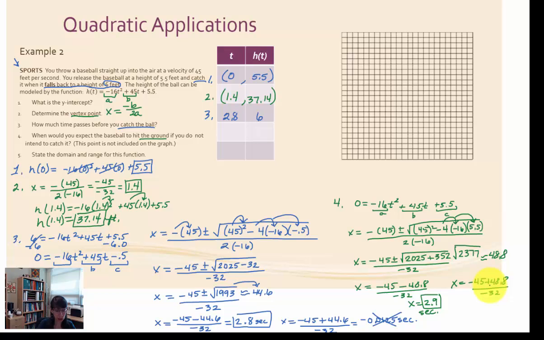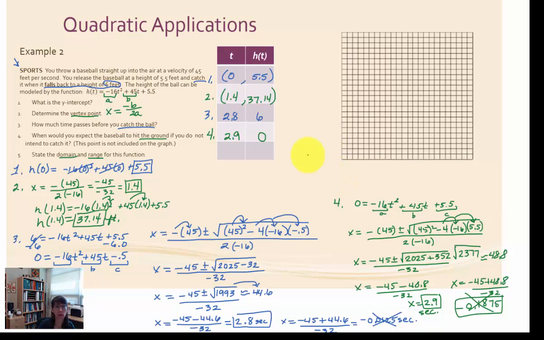When we use addition, we'll end up with a negative 0.1875 seconds. Now, negative time isn't possible, so that answer would be one of those extraneous solutions. So we're only going to transfer 2.9 seconds into the table. And remember, that height was 0. That's when the ball is on the ground. Again, for part 5, we'll state domain and range once we look at the graph.